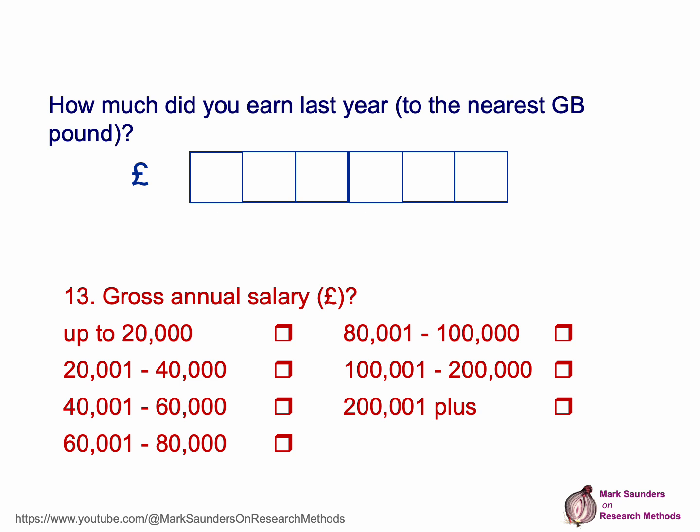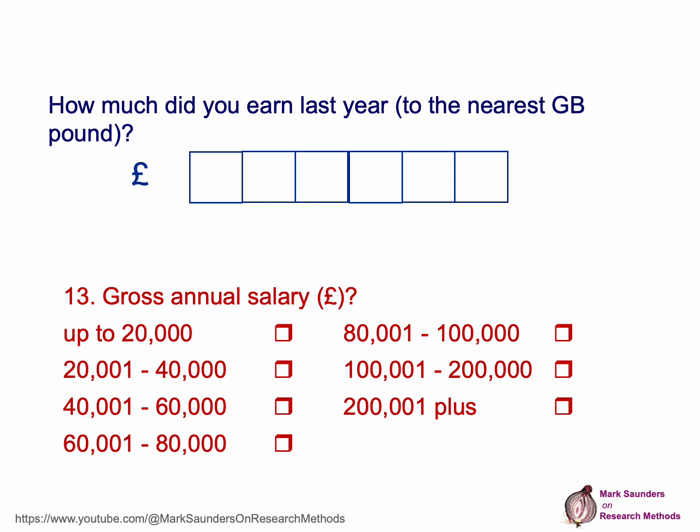Your gross annual salary in pounds: up to 20,000, 20,001 to 40,000, 40,001 to 60,000, 60,001 to 80,000, and so on, with the last category being 200,001 plus pounds. So there it's a much more scrunched up, less detailed way of answering. It's categorising the data into 7 groups.